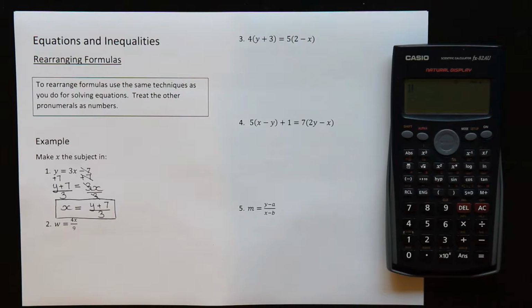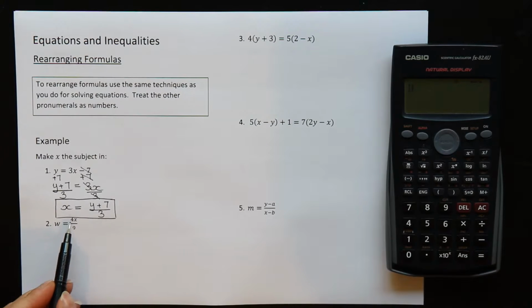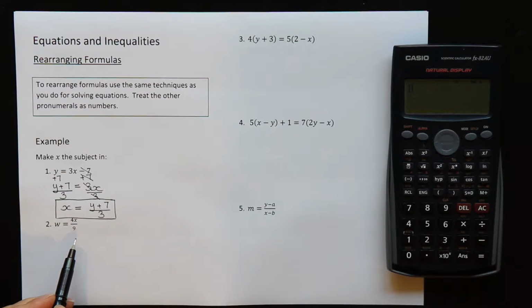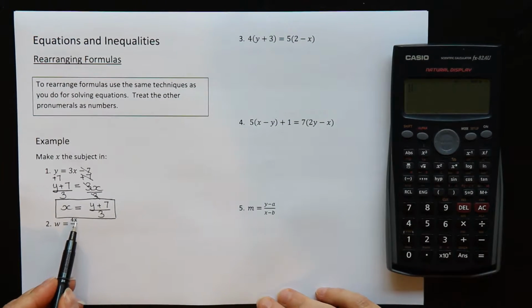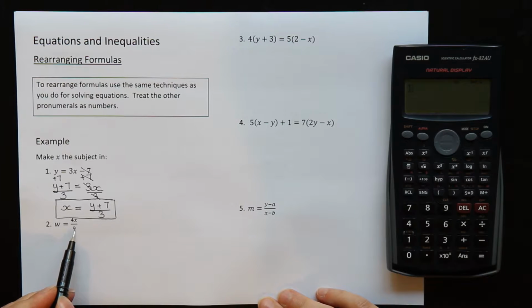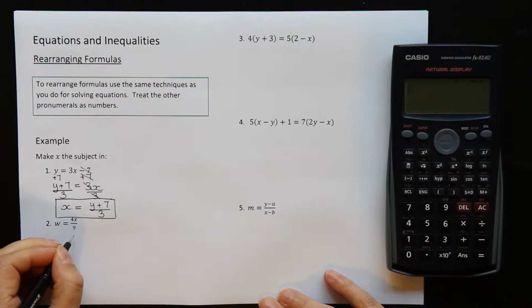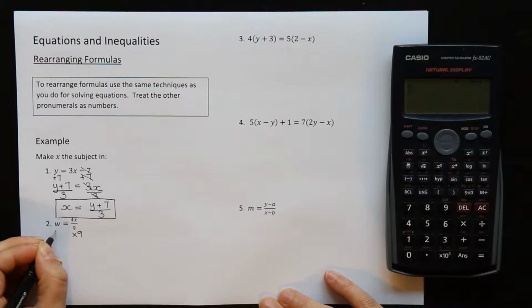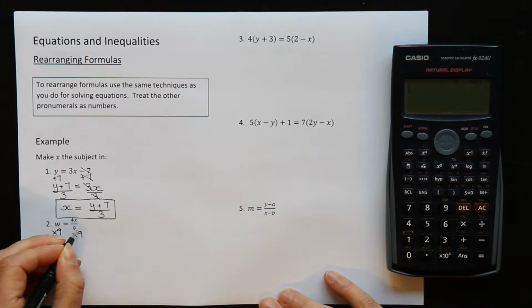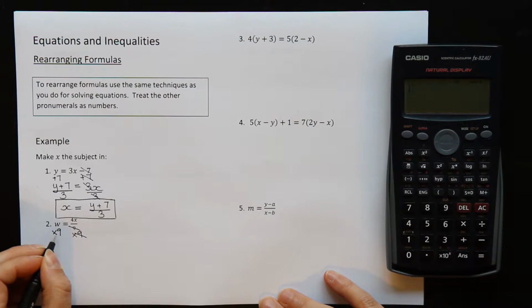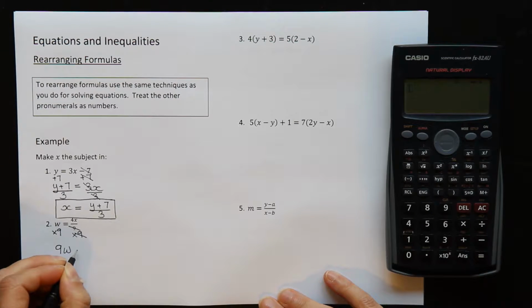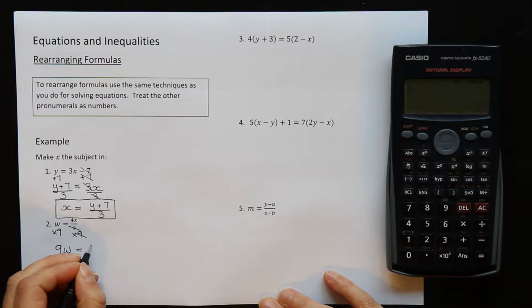Let's do it again for question 2. W equals 4x over 9. So we want to get the x by itself. The first thing to do is to get rid of the 9. Multiply by 9. Now 9 times w is 9w equals 4x.